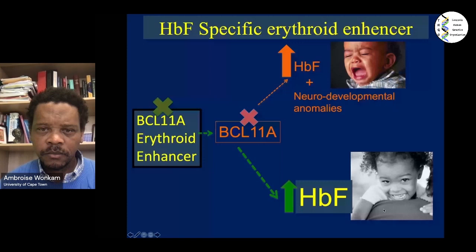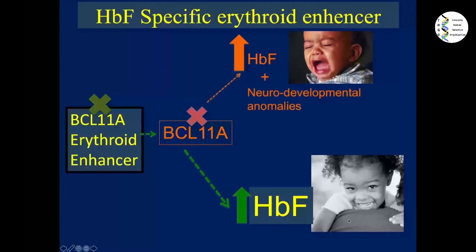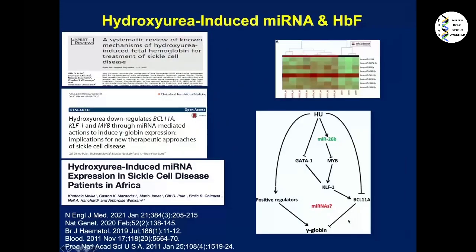One of those options, for example, may be exploring microRNA for treatment of sickle cell disease. Our own work has shown that microRNA was very important in the mechanism of hydroxyurea-induced fetal hemoglobin in treatment of sickle cell disease. And many other people's work, even recent work, has shown that this microRNA was very important for post-transcriptional modification of expression of fetal hemoglobin.